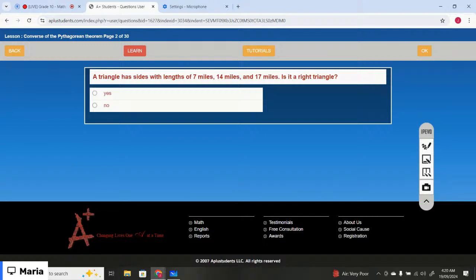A triangle has the side lengths with 7 miles, 14 miles, and 17 miles. Is it a right triangle? Okay, let's just see.